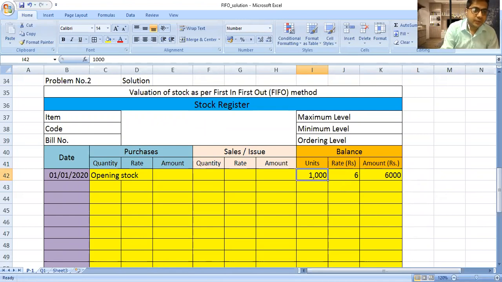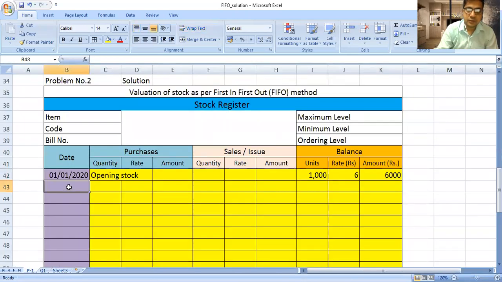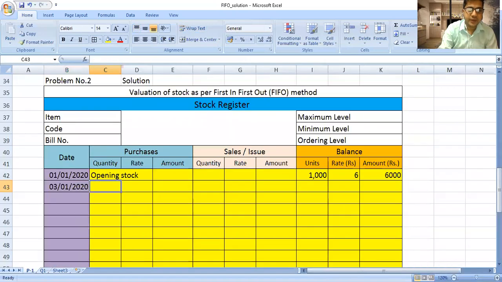Now after that we have to see the next date, 3rd January. They purchased 900 units at the rate 8 each. So we have to put here 3rd January 2020, purchase. How many units? 900 and 8 per unit.